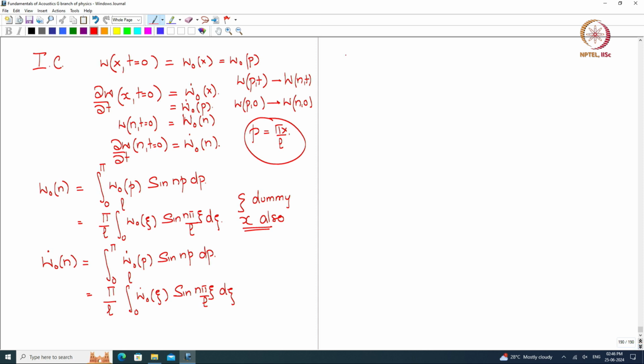If W of n of t is equal to C1 cos n pi c by L t plus C2 sine n pi c by L into t, then W 0 n is equal to C1.